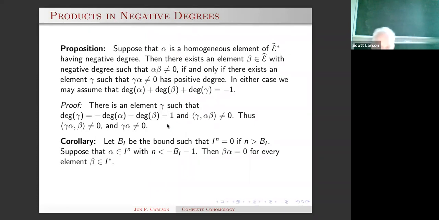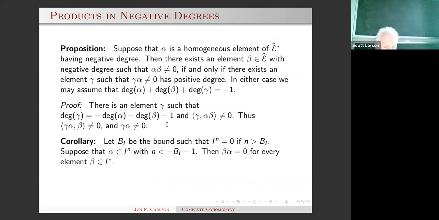Now this does some funny things to us. I'm not going to have time to go into the bound of this, but what you get out of this is, we said before we had this bound such that this ideal I in degree n was zero if n is greater than this b_I.